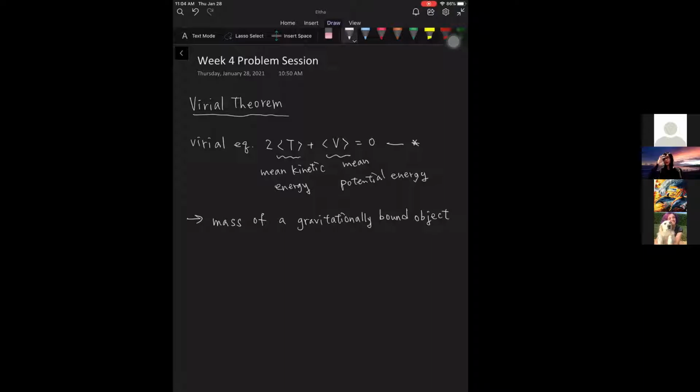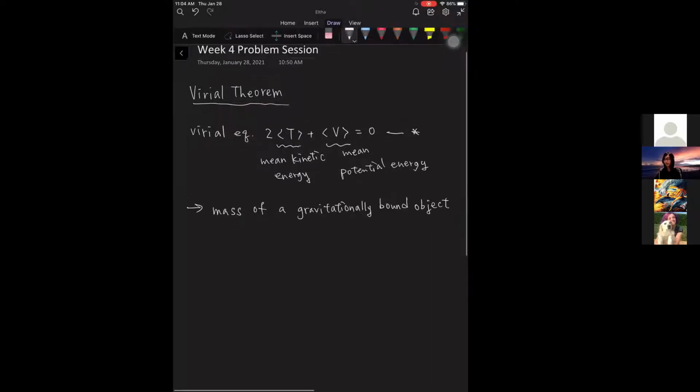All right, so as I said, this is very useful to derive the mass. As long as the target we are interested in is gravitationally bound, which most astronomical objects are, right?